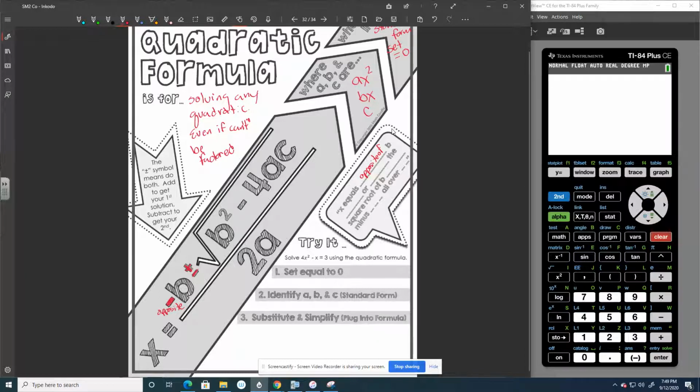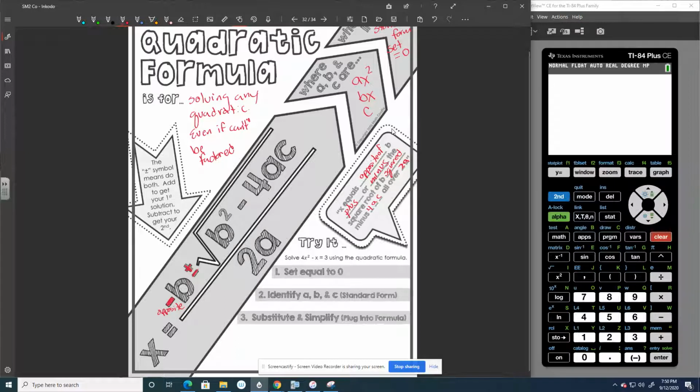So x equals the opposite of b plus or minus the square root of b squared minus 4 times a times c, all over 2a.